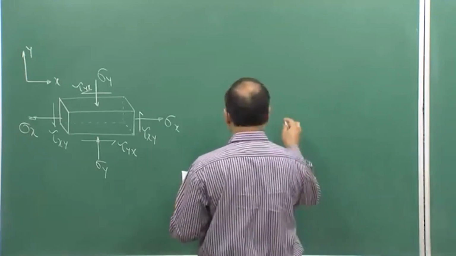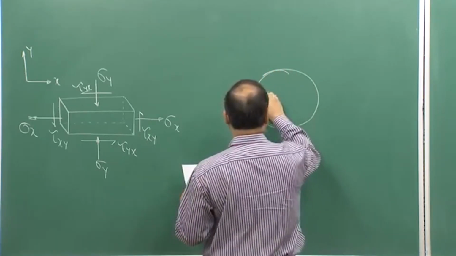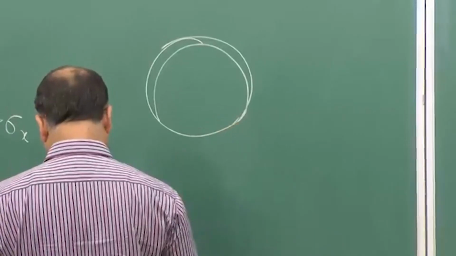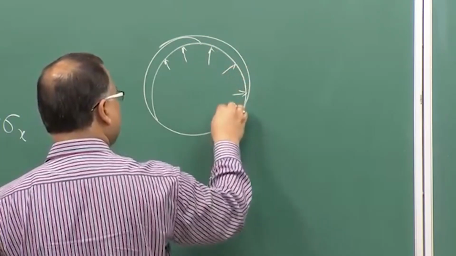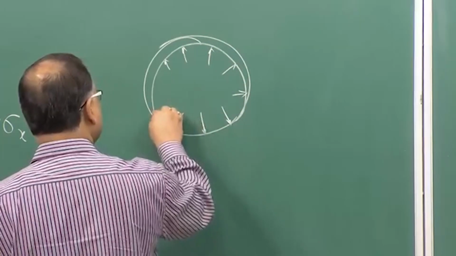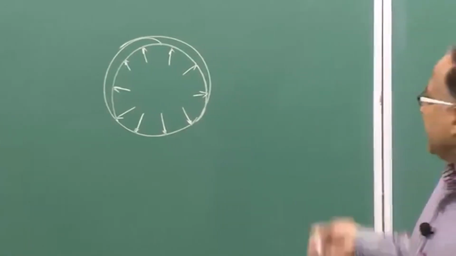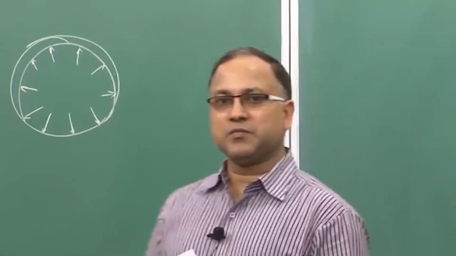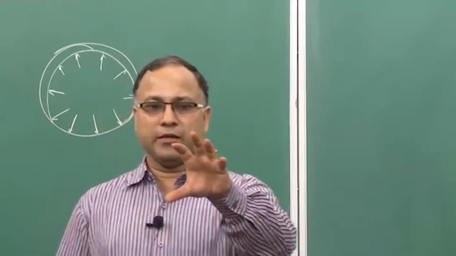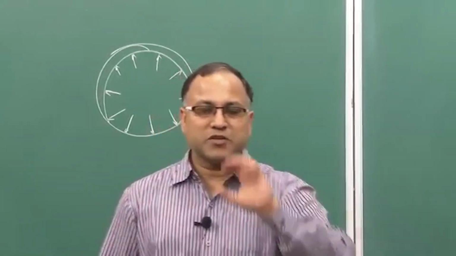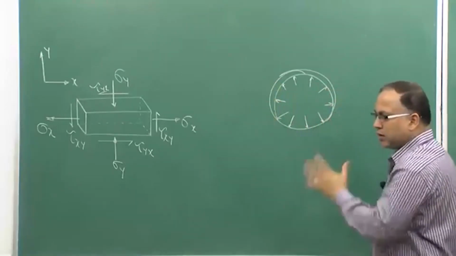Similarly, if you consider a circular ring, where all round internal pressure acts, as you have observed when we discussed the thin walled pressure vessel, this kind of problem comes to a state where you have only a 2-dimensional state of stress, only on the xy plane.